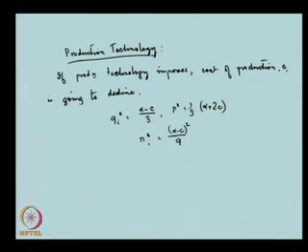Now, unlike before, here if C declines, then the effect on each of these variables is not in the same direction. As C declines, we can see that P star is going to decline. As the cost of production declines, each of the firms finds it easy to reduce the price a little bit.